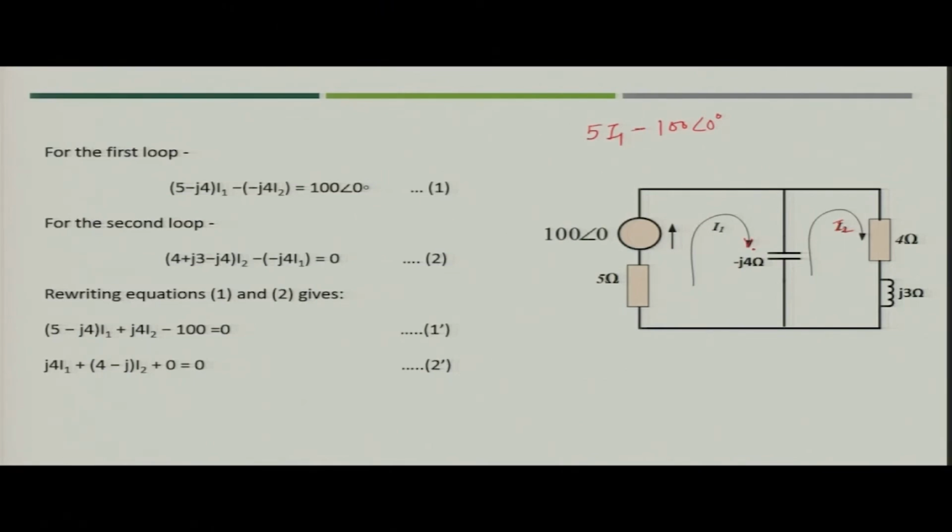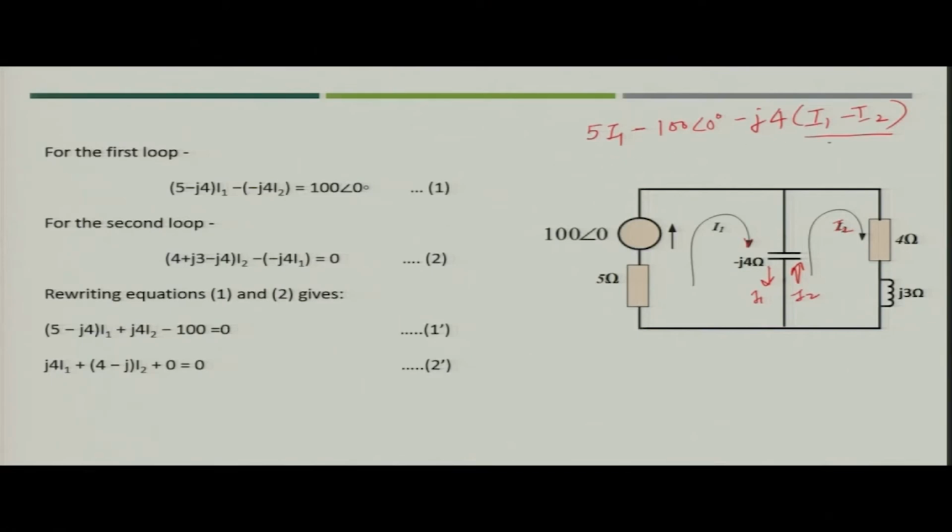Then this current will flow through the capacitor, so you will write minus j4 into (I1 minus I2). Why minus I2? Because I1 is in this direction, but I2 is flowing in the opposite direction. So, for this particular capacitor you will have net current as I1 minus I2.